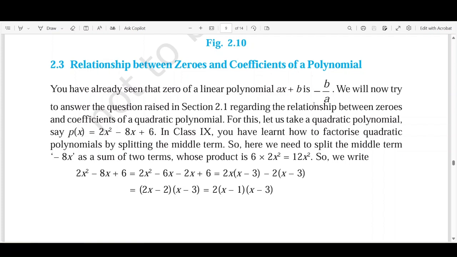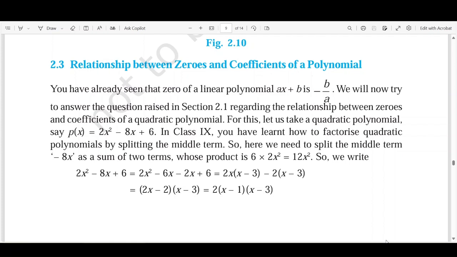In your previous class 9, you have studied how to factorize a quadratic polynomial. So, it's a very simple idea. Suppose you have a quadratic polynomial, say 2x square minus 8x plus 6. What we used to do is try to factorize this so that the sum of the roots will be equal to negative of the middle term, and the product of the roots will be equal to the constant term.